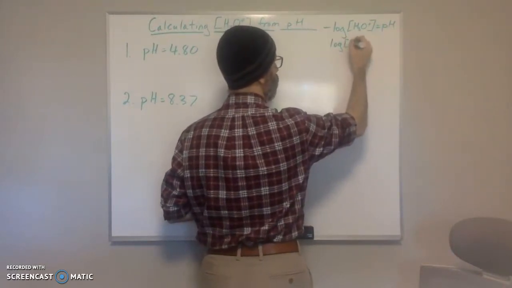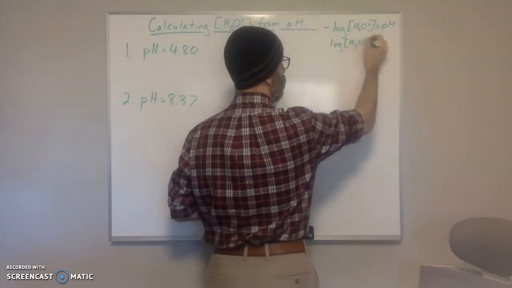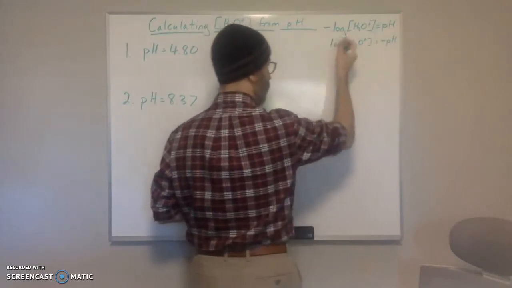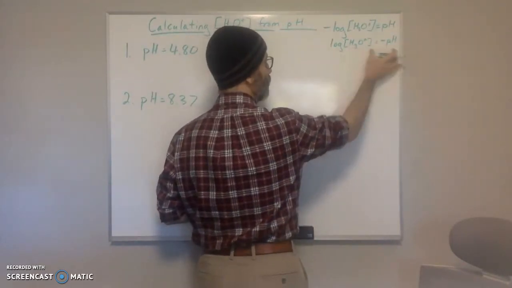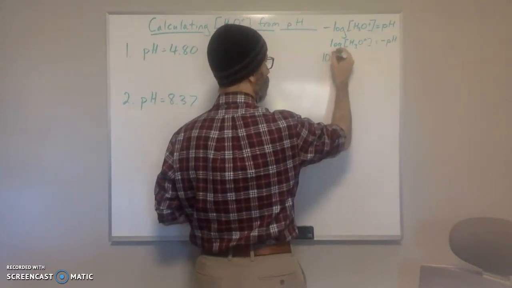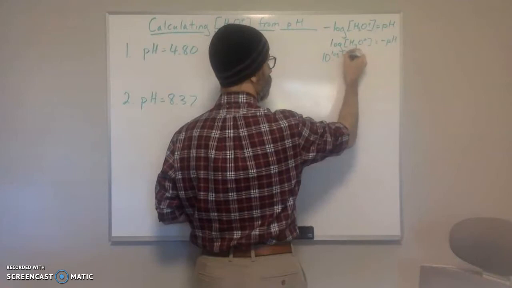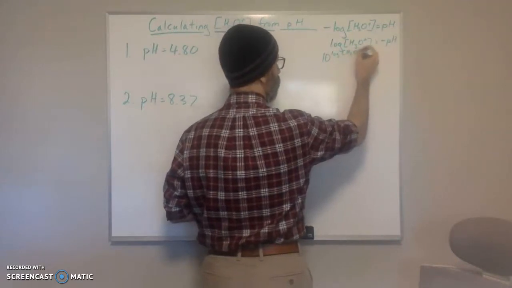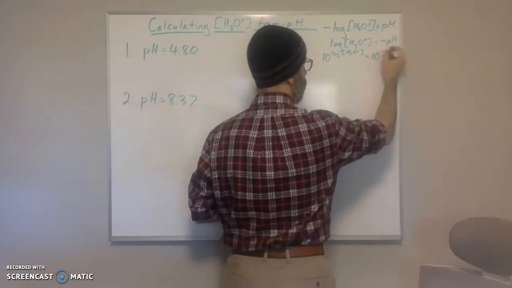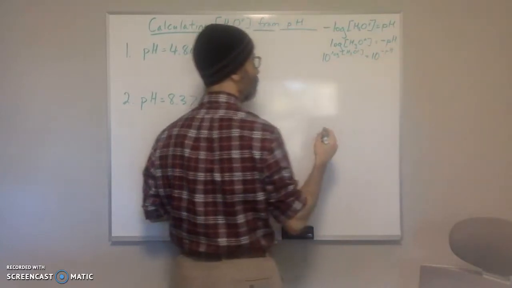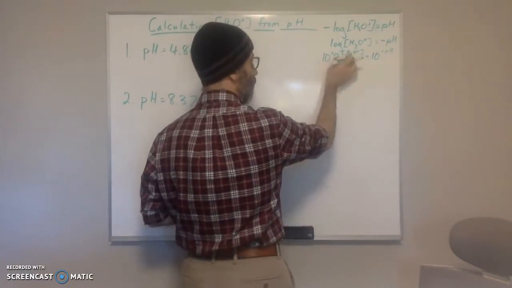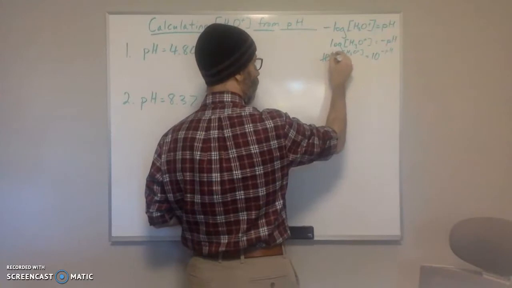So the log of H3O plus is equal to the negative pH, and then I'm going to raise both sides as a power of 10. So 10 to the log of H3O plus is equal to 10 to the negative pH. And then the log and being a power of 10 undoes each other.